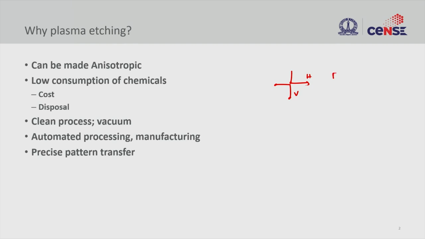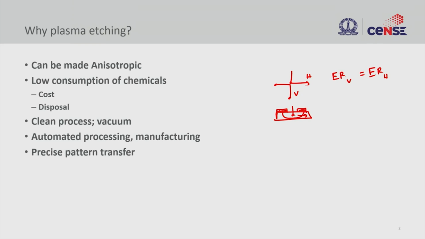If you take a material covered with photoresist and expose it to a general wet chemical, you will get a profile like this. The reason is that the vertical etch rate is equal to the horizontal etch rate, so you will not be able to get very smooth or sharp sidewalls.